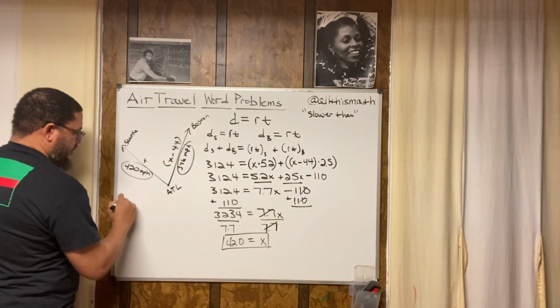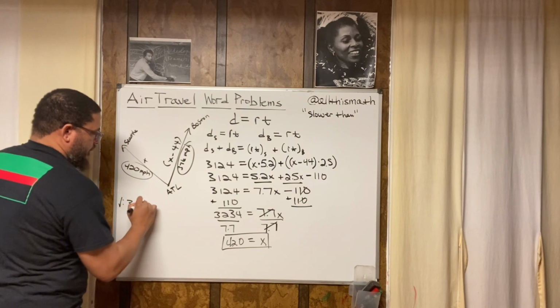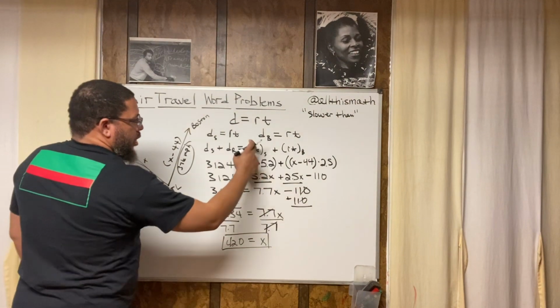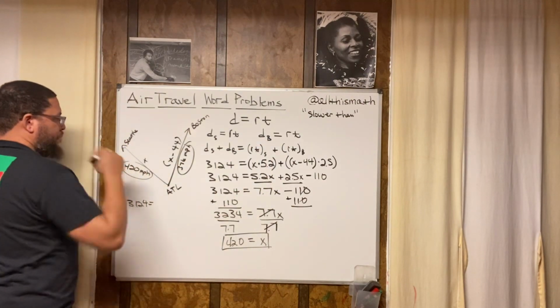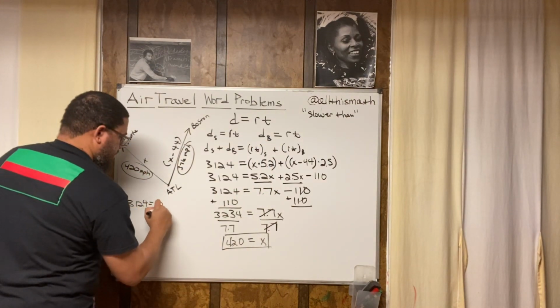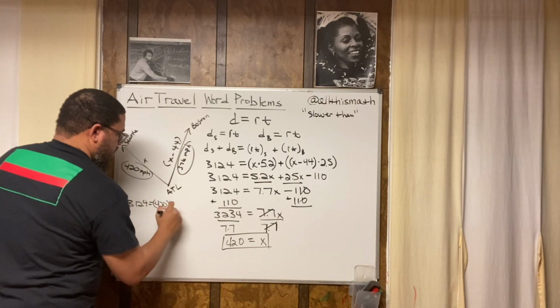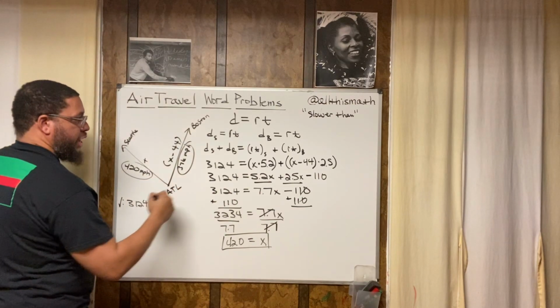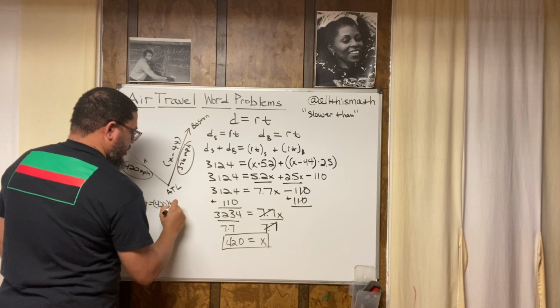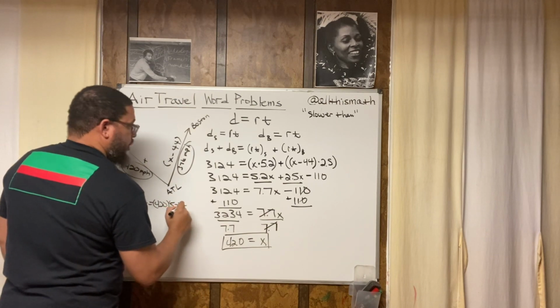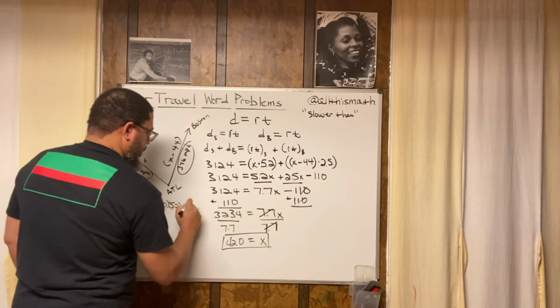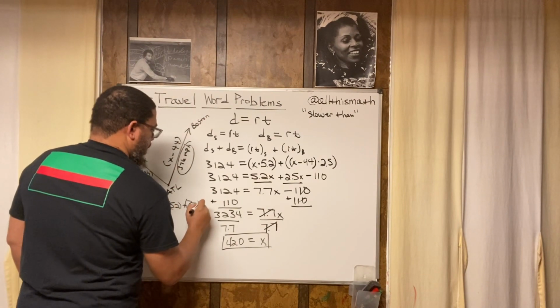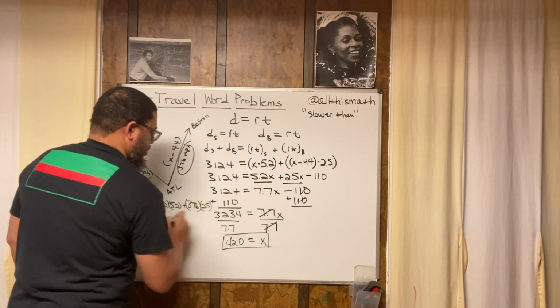I want to see if 3124 is equal to the Seattle flight, 420, times how long was the flight, 5.2 hours, plus the Boston flight, 376 times 2.5 hours.